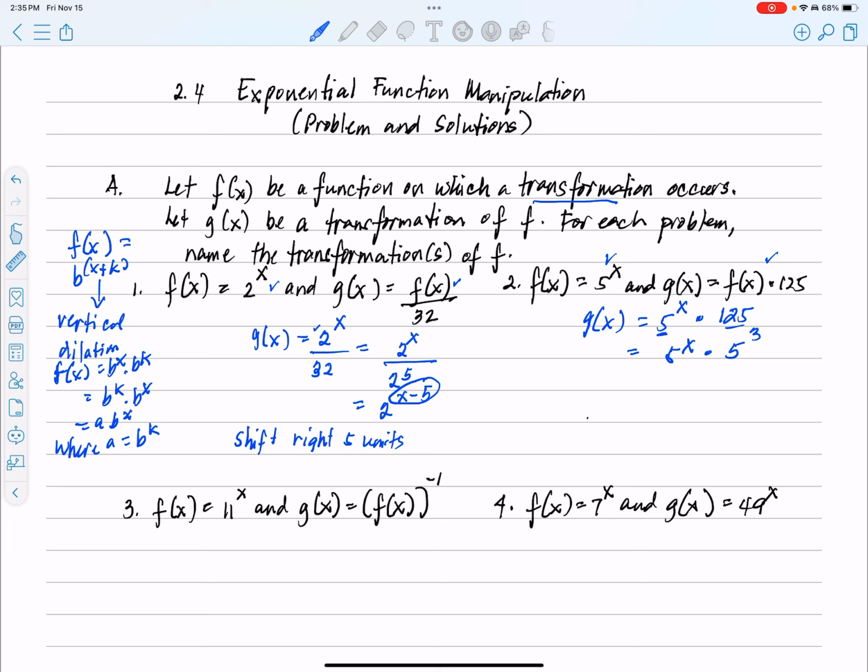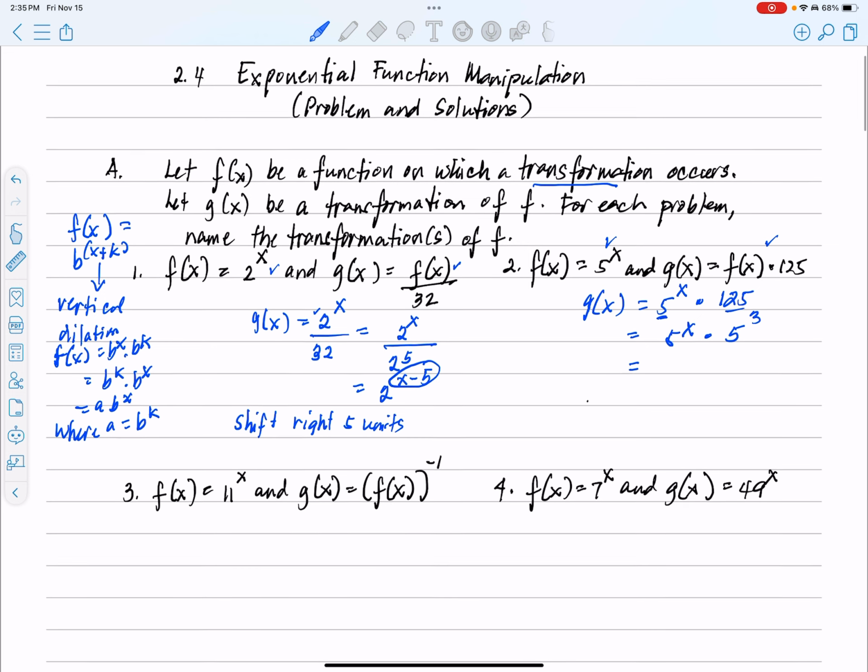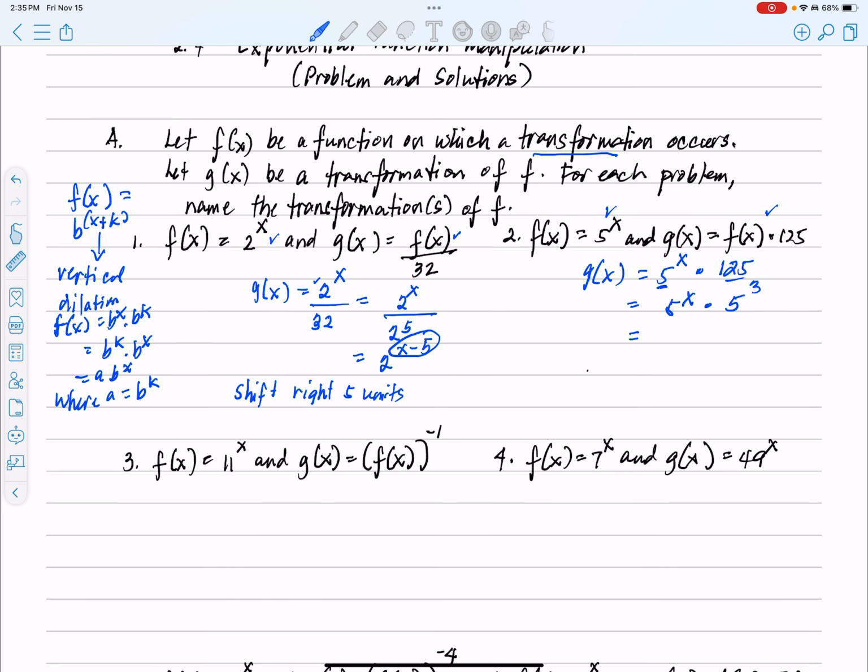Okay, using the power property, what are we gonna do when we multiply exponents? We are going to add the exponent. So that would be 5 to the power of x plus 3. Since it's plus, that means there is a translation taking place. Since it's plus, it is shifting left 3 units.